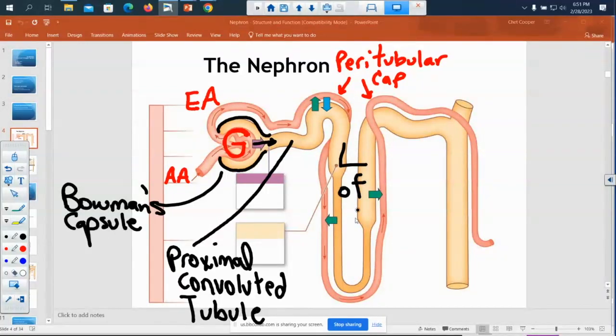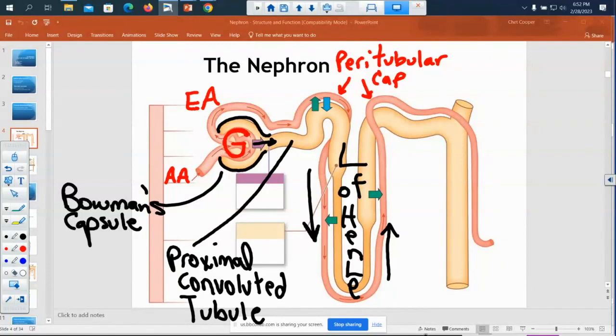Loop of Henle. Yeah. The loop of Henle. Notice it has two sides. See, on one side the fluid's going down, and on the other side, it has to go up. Now, it does that not just in the blood vessels, but in the loop of Henle also. It'll go down on one side and up on the other.